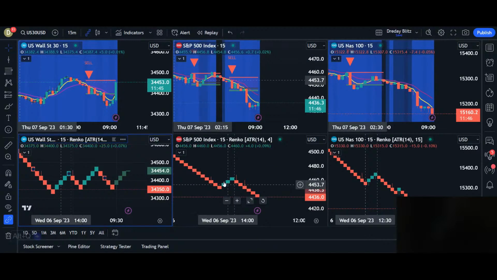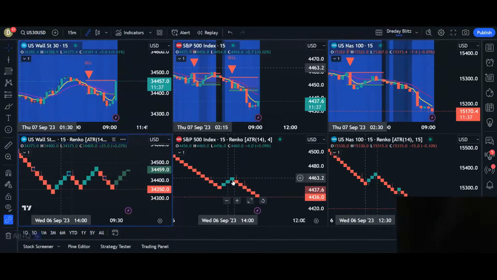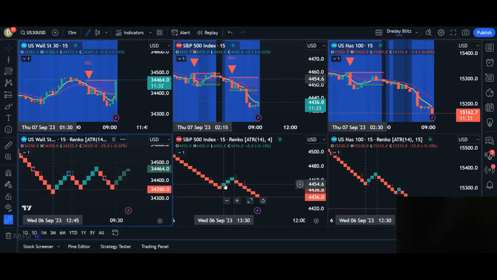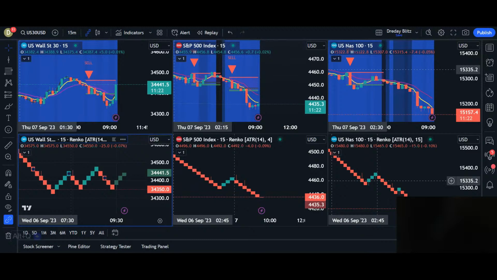My take profit is always the reversal of the trend. So if I'm in the downtrend and the reversal is showing an uptrend, I will be out of the trade on the first block showing the reversal. So that's pretty much it. It's really a simple indicator and simple system overall to use.